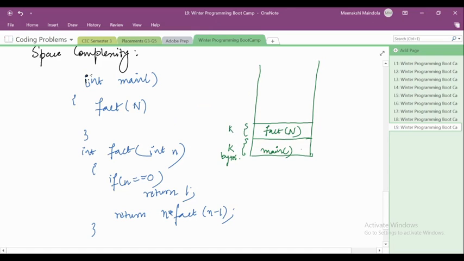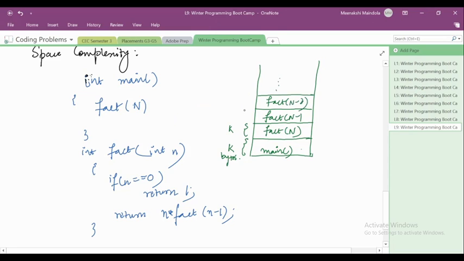Okay, now since this fact function here is a recursive function, it is going to call fact of n minus 1, right? Next it is going to call fact of n minus 2, and so on, right?